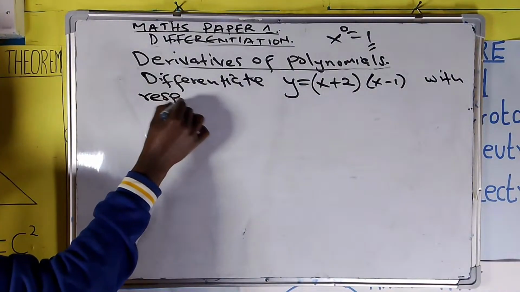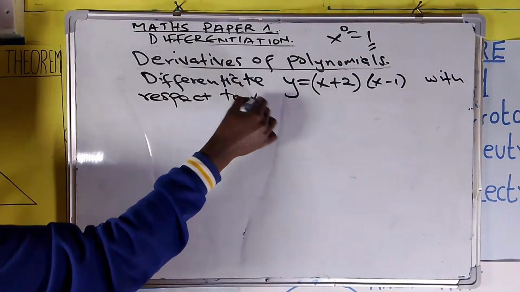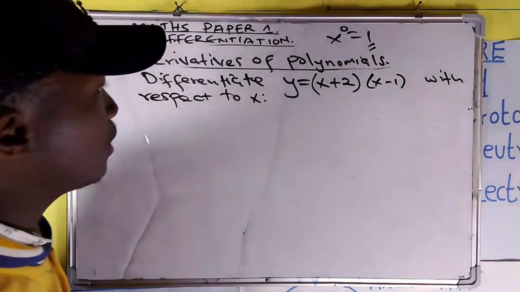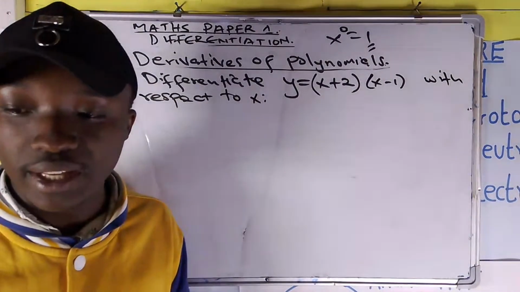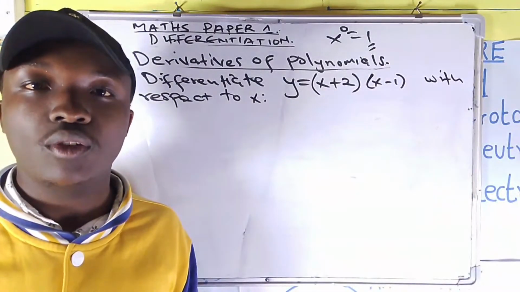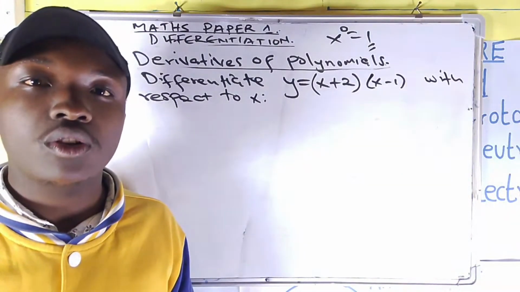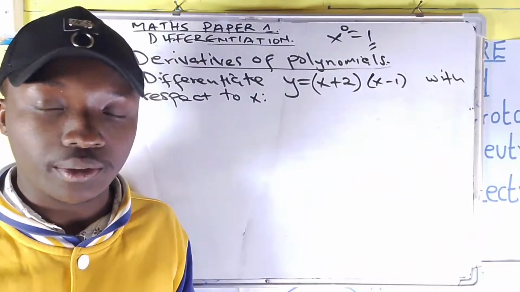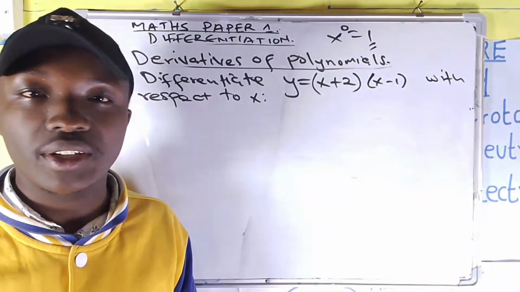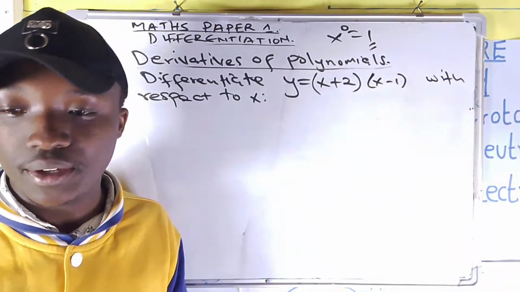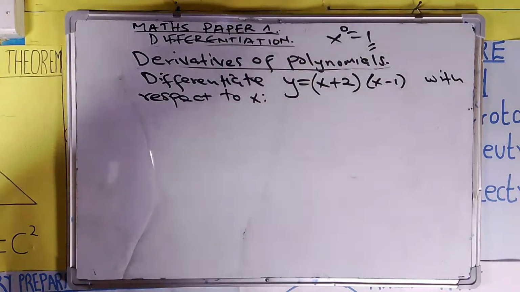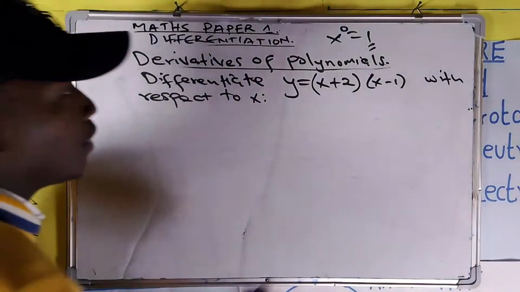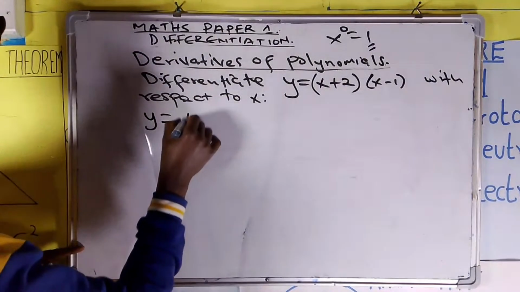When you are told to differentiate, it is the same thing as being told find dy over dx, or find the derivative, or find the gradient function. They all mean the same thing.